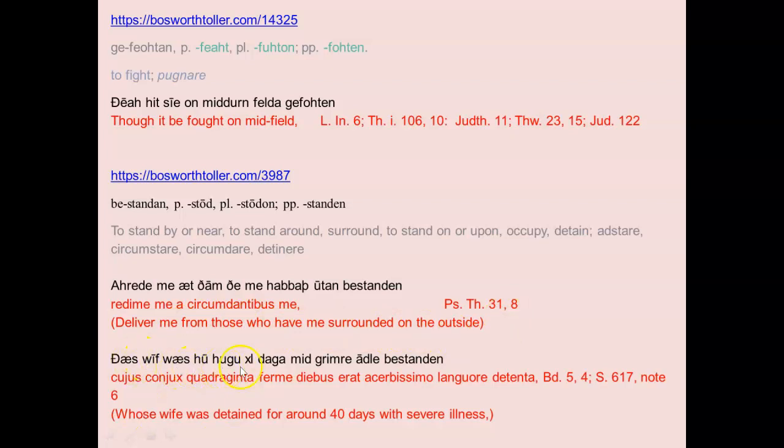Thaswif was hu ein leven dagen mit gormere adler bestanden: whose wife was detained for around 40 days with severe illness. The past participle form, bestanden, again here is the last word in the clause or sentence.